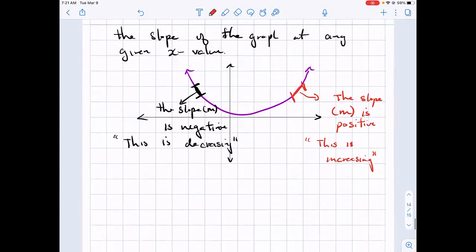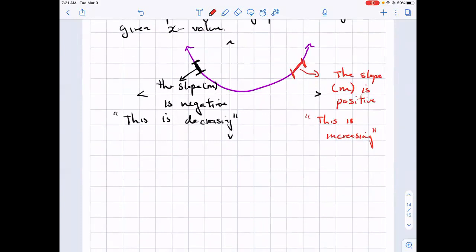Okay. So a graph can be made up of increasing, decreasing, or many different parts. Okay, many different parts. We can have a graph that has constants.